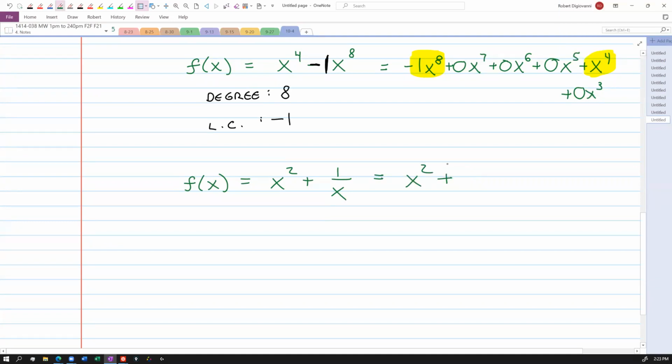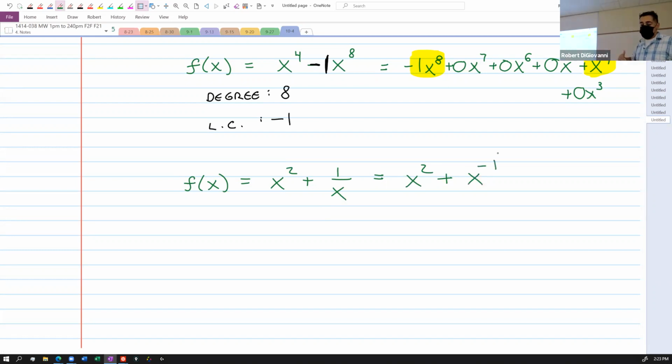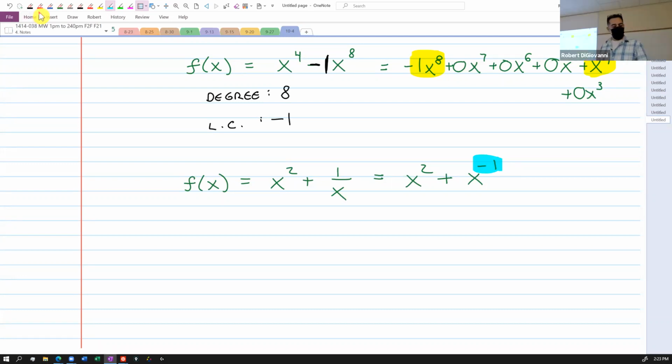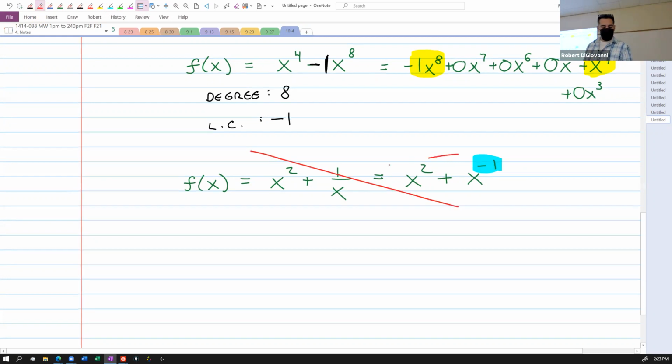How can I rewrite 1 over x? x to the -1, right? Isn't that a property of exponents? If you have a negative exponent, you can drop it down to the bottom. Or if it's down the bottom, you can push it up to the top with the negative exponent. Do you all agree that those are the same expressions? So do you see that that's a negative power? And to be a polynomial, it can't be negative. So this would not be a polynomial function.